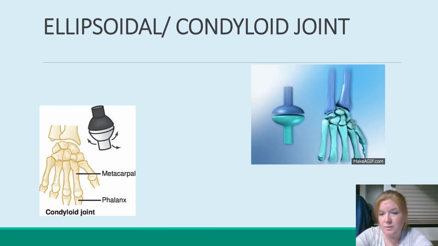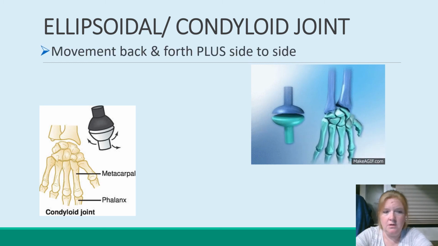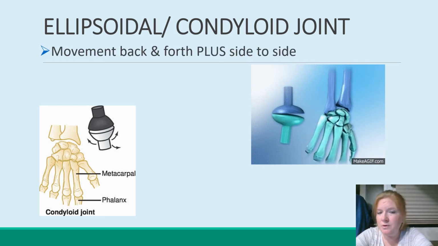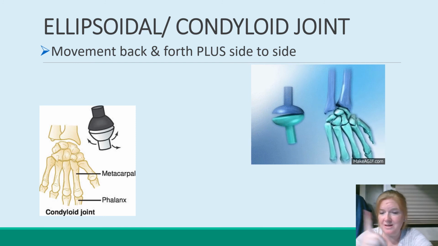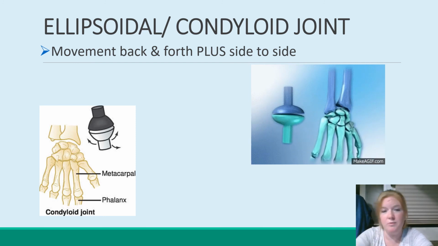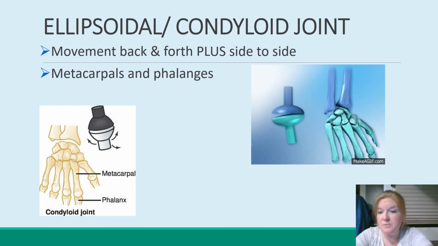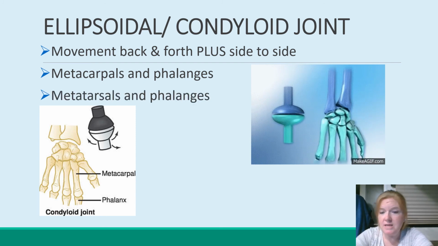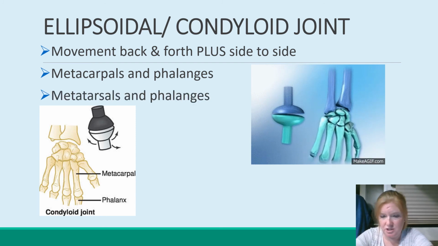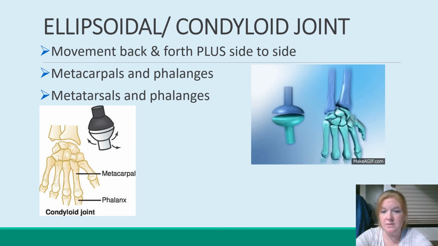Ellipsoidal or condyloid joint. It allows movement back and forth plus side to side. So not as limited as this, more movement. And it's between the metacarpals and the phalanges and the metatarsals and the phalanges.